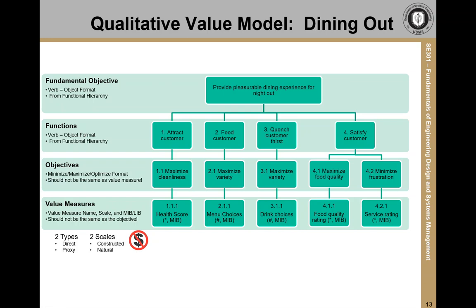And then our fourth function is satisfy the customer. We want to maximize the food quality, and we can measure food quality by a food quality rating. We could go to potentially Yelp or another app of your choice and look at how they rate the food quality on there. We also have, in this case, a second objective.